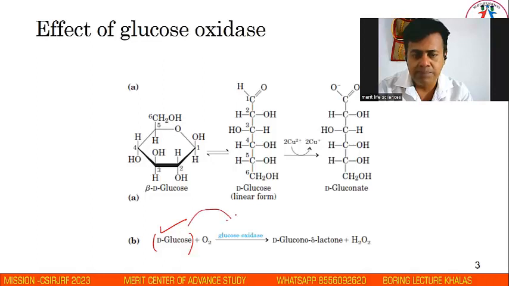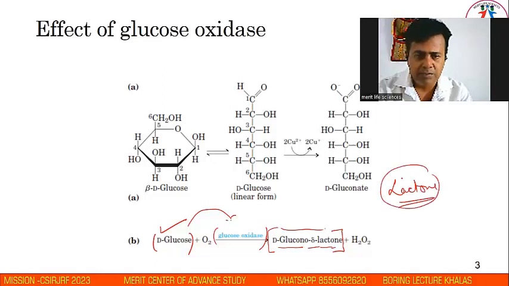Whenever D-glucose reacts with glucose oxidase, there will always be formation of lactone, D-glucono delta-lactone. Is it clear? What will be the product? The product will be lactone.